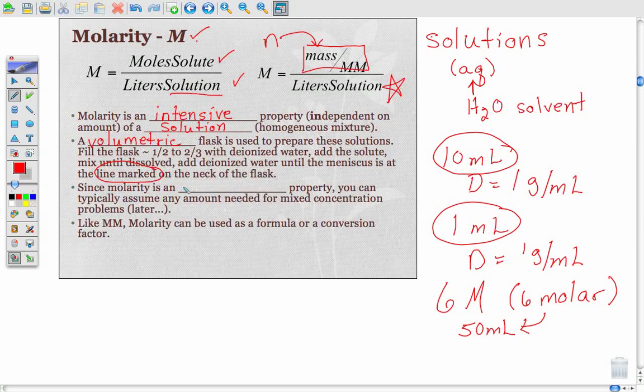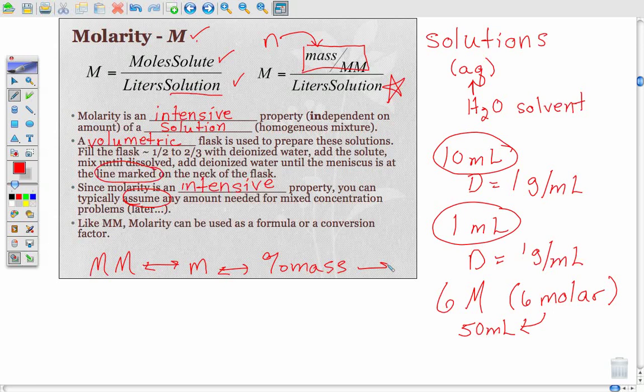Now we're going to need to know this in just a little while. Molarity, again, since it is an intensive property, we're going to be able to assume any amount that we need. And this is going to be particularly important when we're doing conversions between molarity and molality and percent by mass.